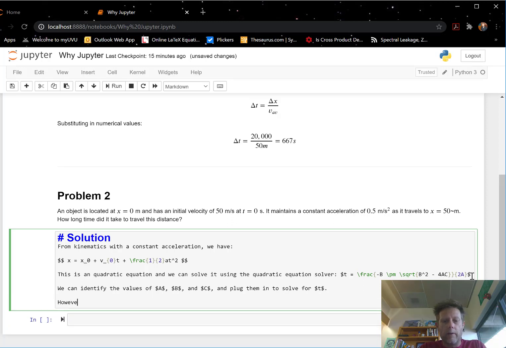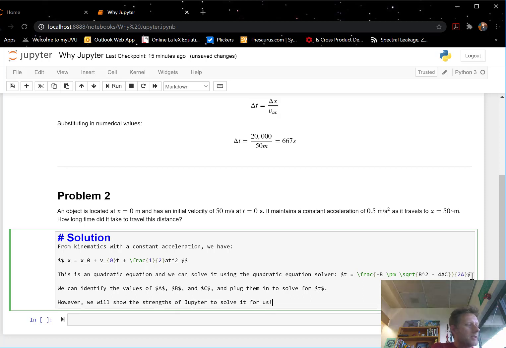Okay. However, we will show the strengths of Jupyter here to solve it for us.